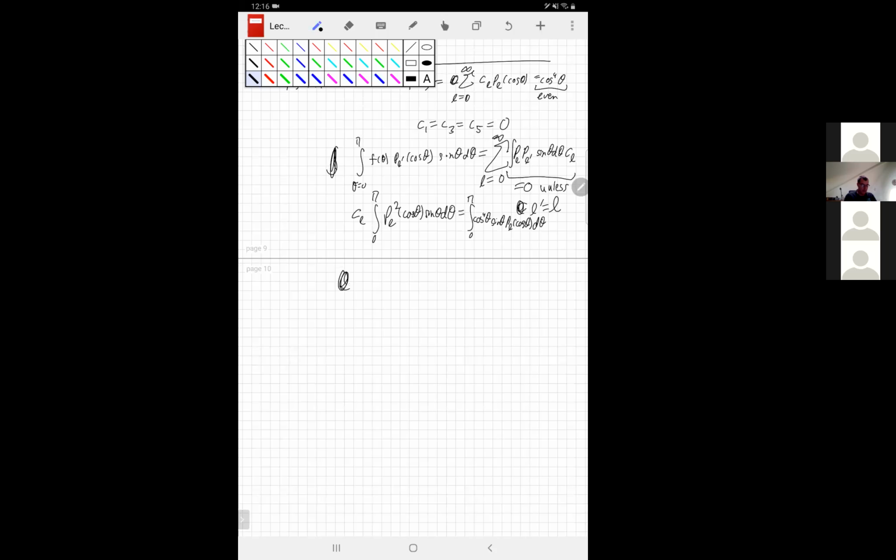So then C_L is this integral up here, cosine to the 4th theta, sine theta, P_L of cosine theta, d theta, over the integral from 0 to pi of P_L squared of cosine theta, sine theta, d theta. Does that answer your question?